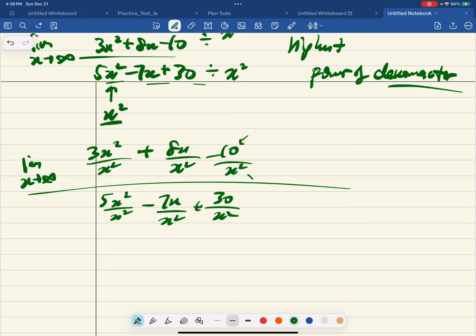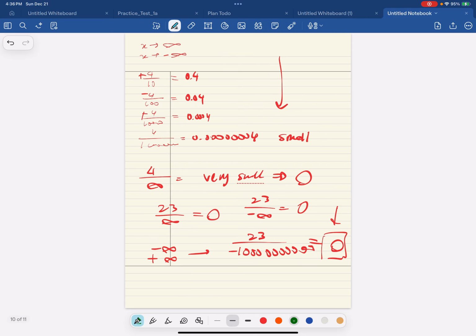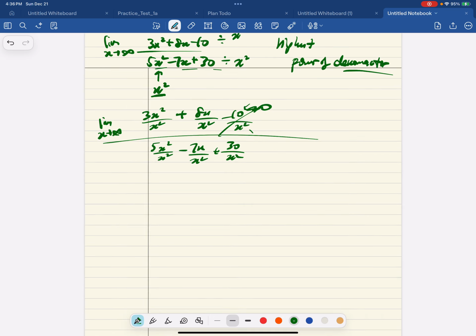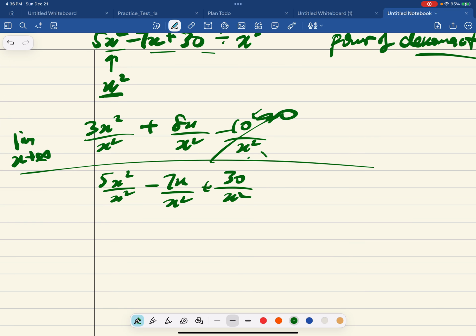So 10 divided by infinity becomes 0. Like we said here, remember how anything divided by a very big number is very small and becomes 0? Same concept here. 10 divided by infinity squared, that's 0.